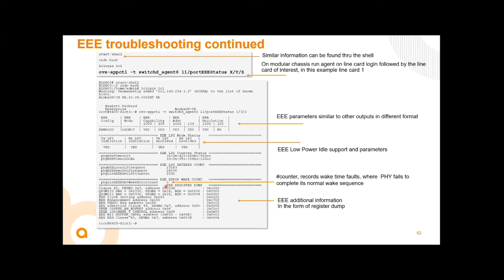And again, we get the error reports as well in the shell. The only additional information you do get is a register dump, and this is about if we've got problems with the actual physical chip. We can do some interrogation on this, but this is obviously at a deeper TAC level.